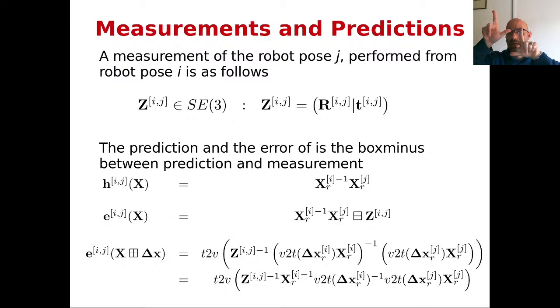What is the measurement that I will observe? It's quite straightforward to say that the measurement that I will observe will be the robot position xj expressed in the reference frame of the robot position xi.